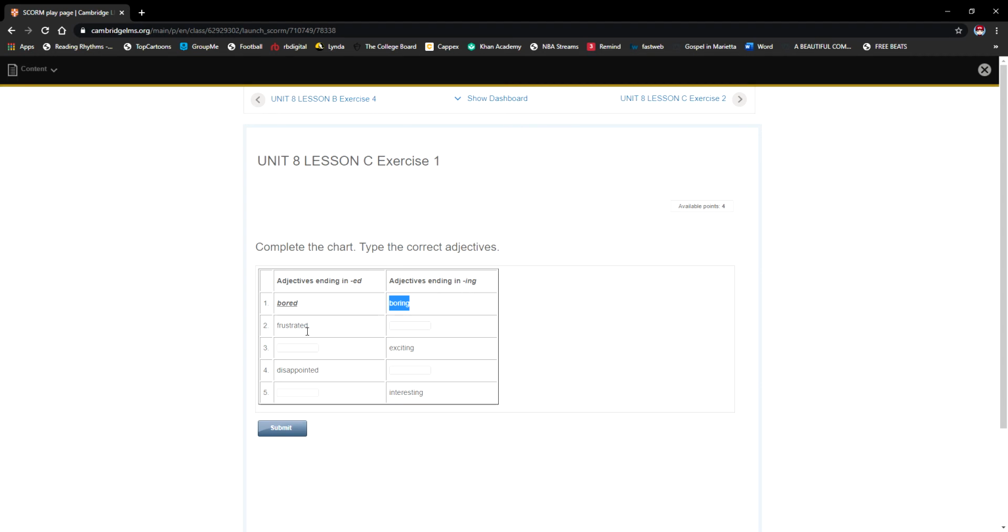You have to change this word to ing. So what do you do? You take this ed out, and you end with the root of the verb. So what is the root of the verb? The root of the verb is frustrate. And then you just add ing, frustrating. That's it. That's what you have to do.